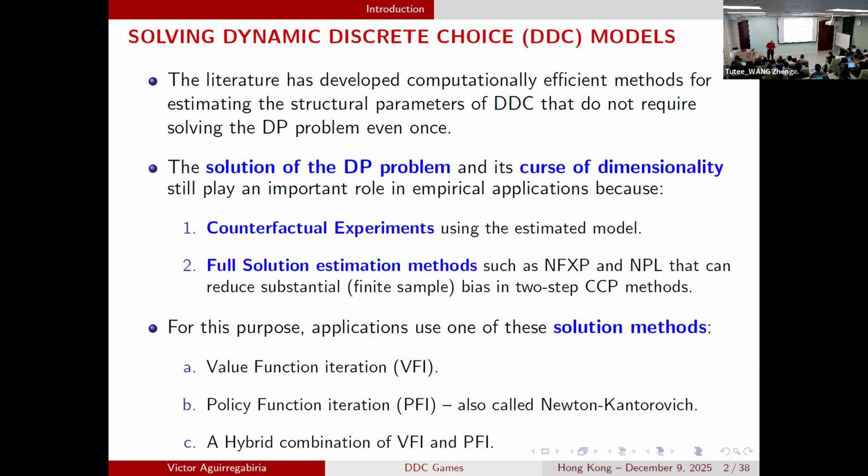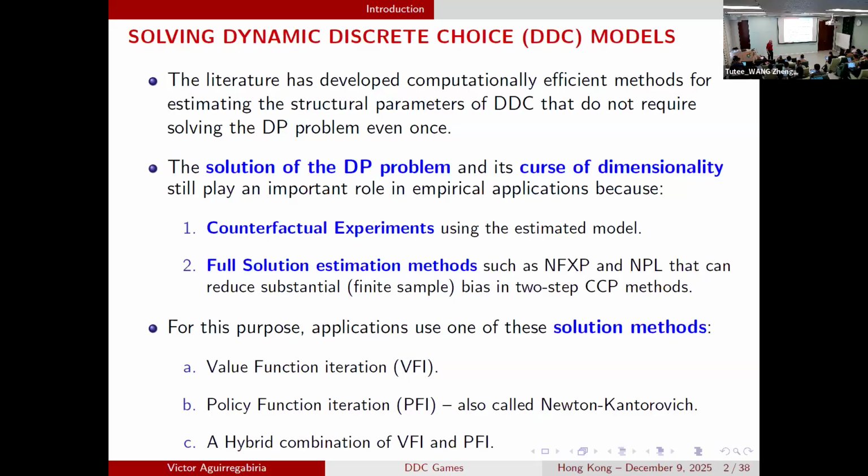The main power of structural models is being able to use our model to construct counterfactual scenarios. What if the world were different according to some changes in the structural parameters, or what if the world is different according to some policies that have never been implemented, but that in principle could be implemented.